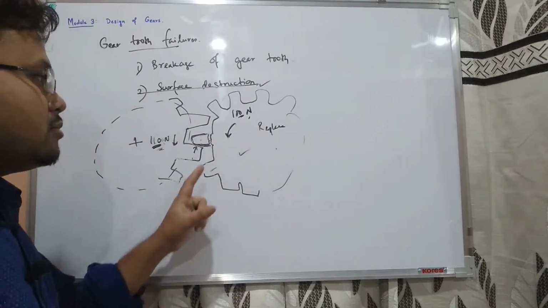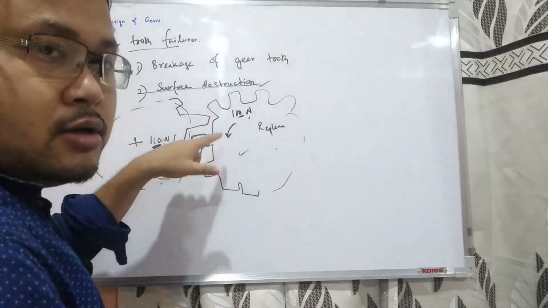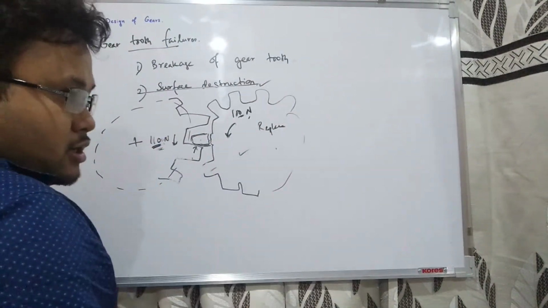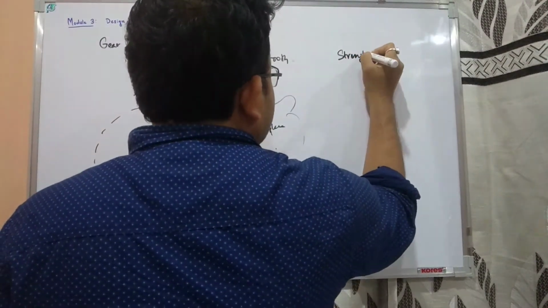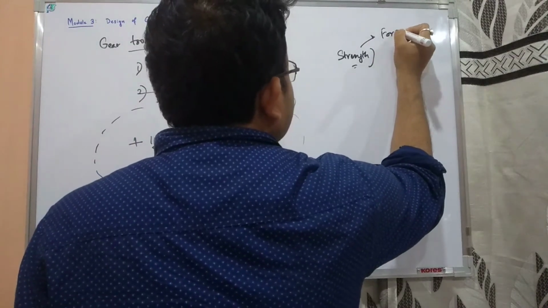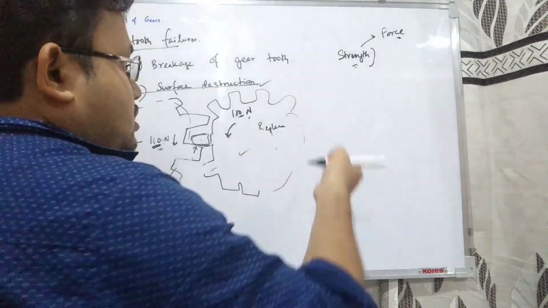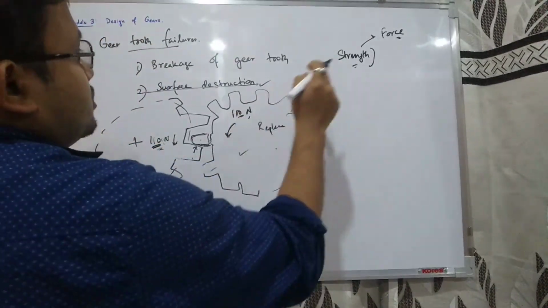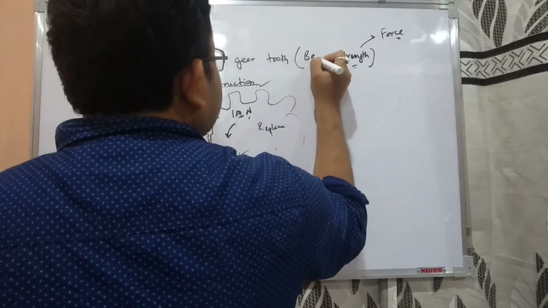That means the maximum amount of force that we can apply is 100 Newton, right? In your gear design, we term that strength. This is actually a force. Previously we termed the maximum value of stress as the strength, but here the force we term as strength, and this particularly is written as beam strength.